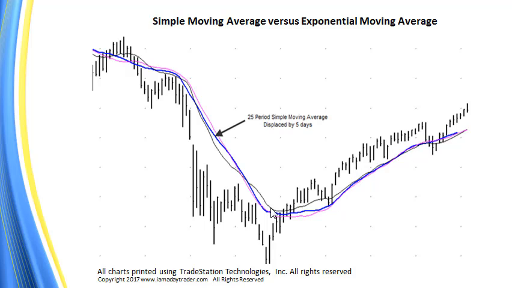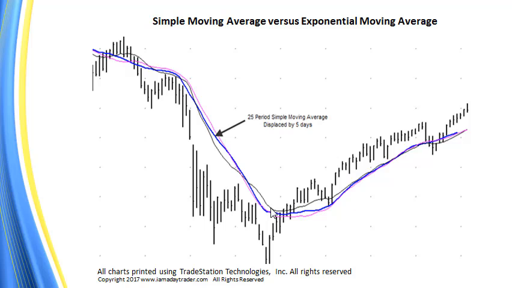So what does this mean? Listen, whether our strategies use an exponential or a simple or any other type of average, it doesn't make that much difference in regards to whether or not you're going to make money.